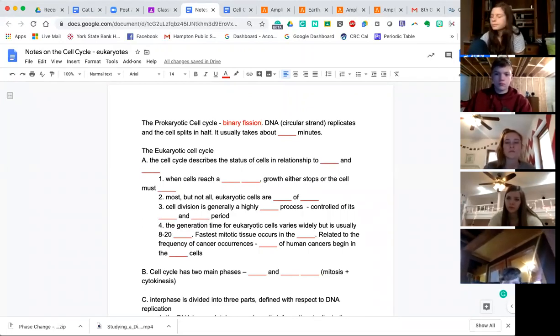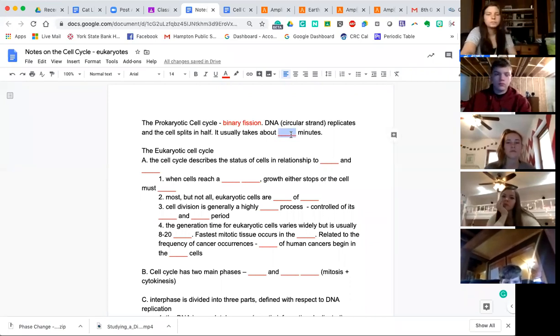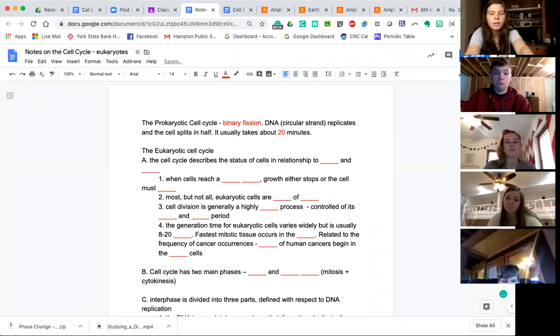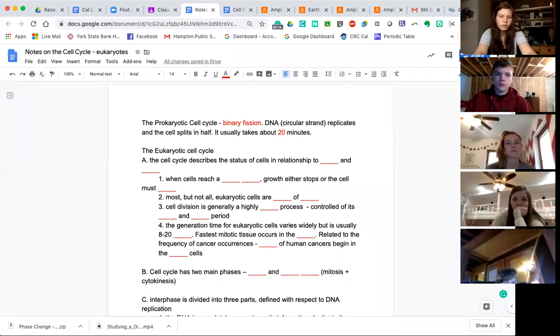It's a very easy, simple process, and it's pretty quick. It usually takes only about 20 minutes for binary fission to occur on average. Okay, any problem doing it this way? Are you guys okay? Yeah? All right.